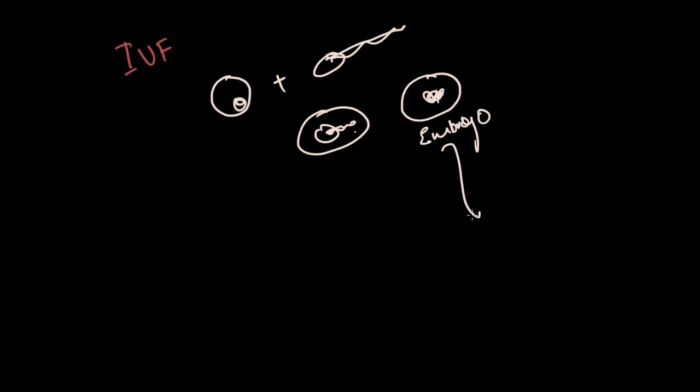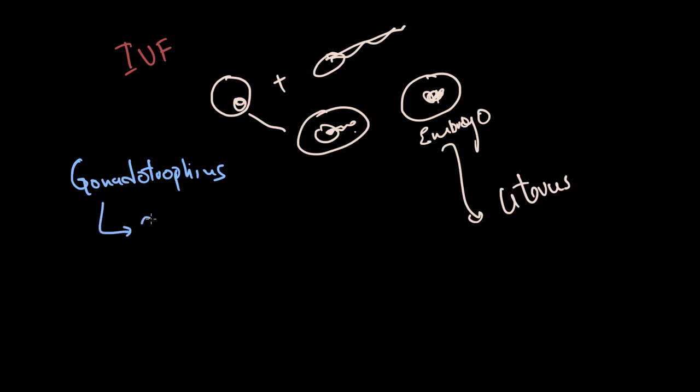And they transfer this embryo into the uterus of the female. During the IVF procedure, usually the patient will be given gonadotropin. It's interesting to see how this gonadotropin acts. Basically, this gonadotropin stimulates the ovary to release eggs.